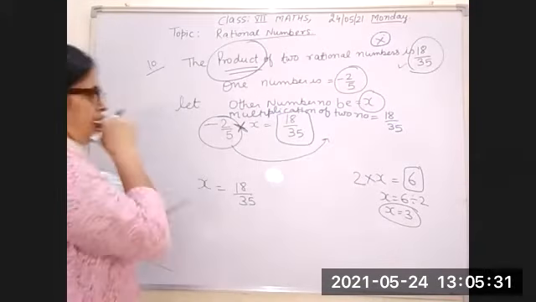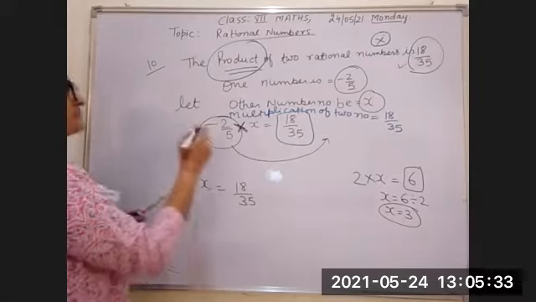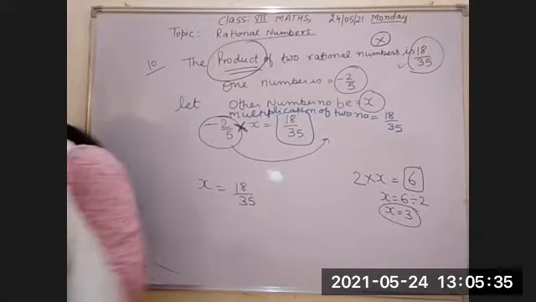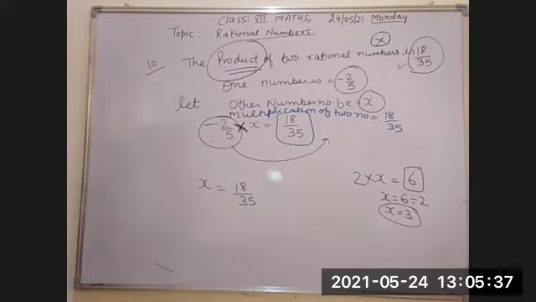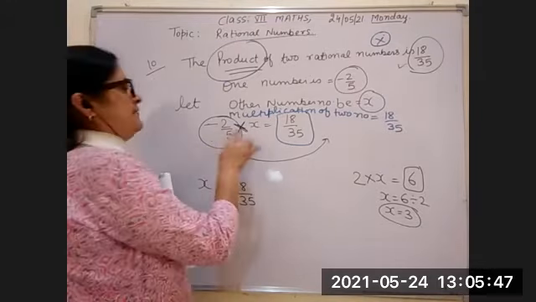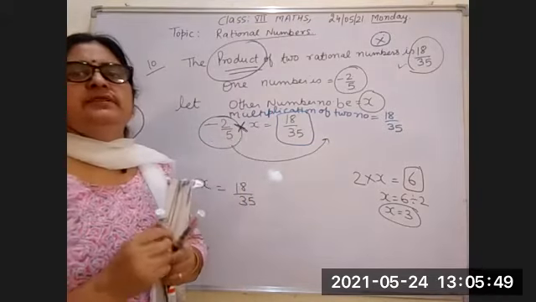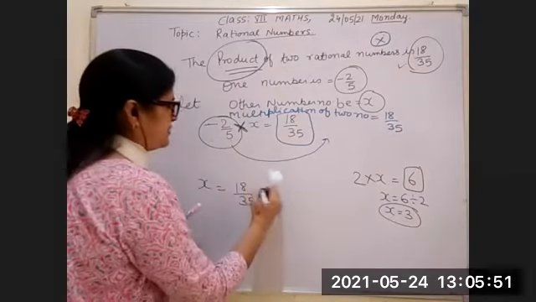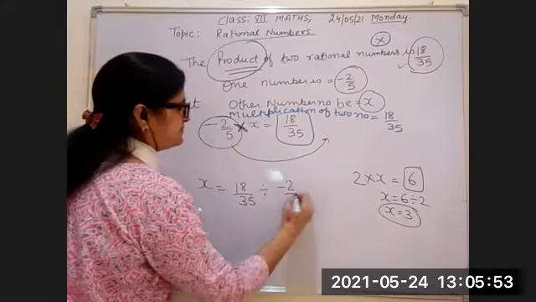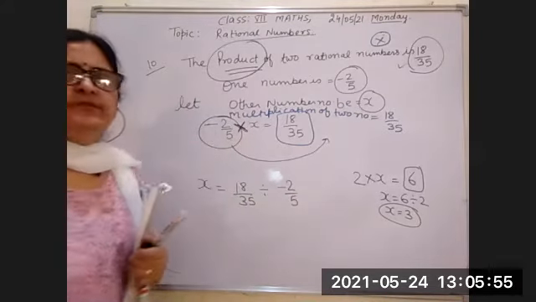But when the multiply sign is given, what will you do? You have to divide by minus 2 upon 5.